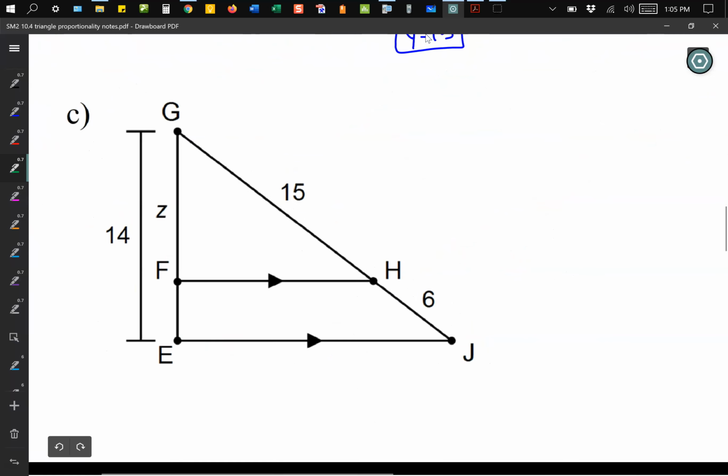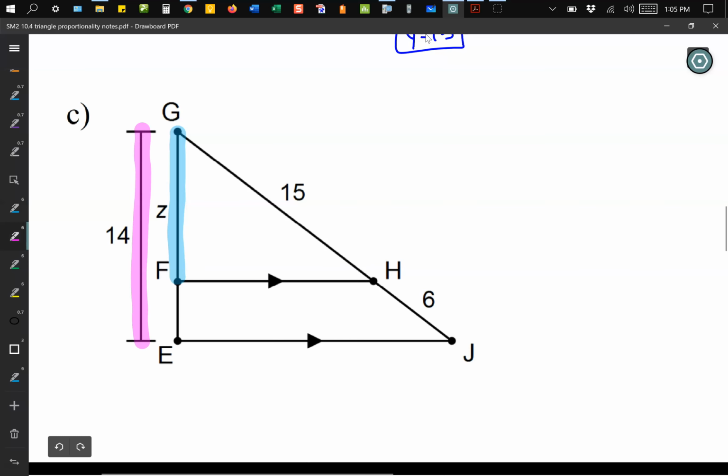Now this one's a little bit different because notice that instead of giving me the two pieces over here on the left, what it has given me are the big piece and the whole side.